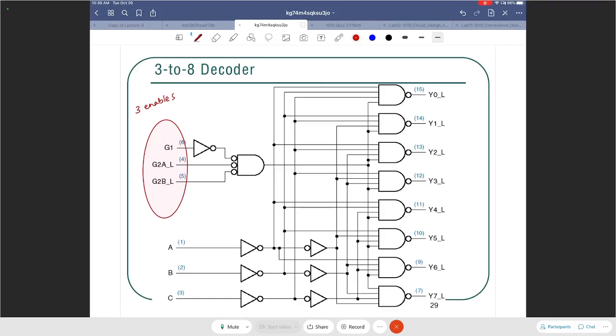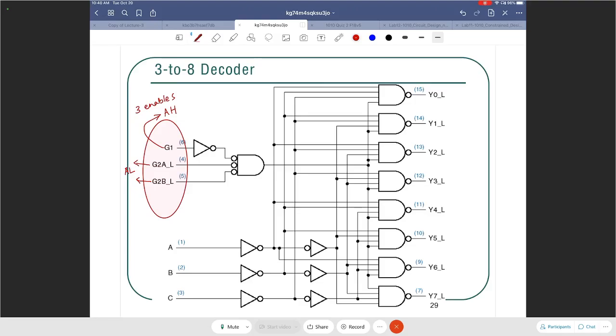Well, clearly G1 is an active high enable. So it is enabled only when G1 is 1. And G2A underscore L and G2B underscore L are active low enables. So they have to be zeros in order for the decoder to be enabled. So in terms of enable inputs, we have 3 of them.